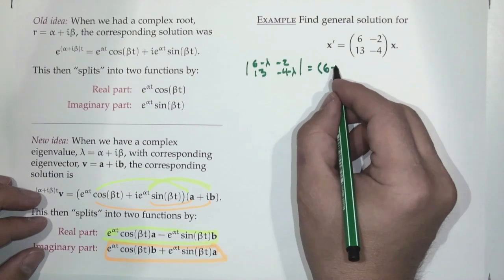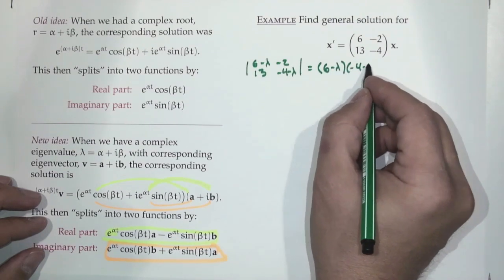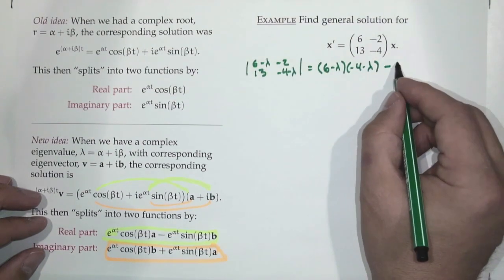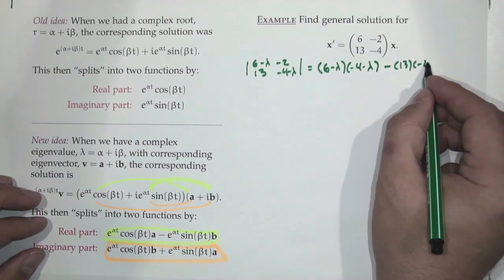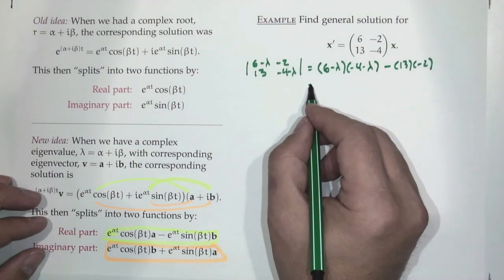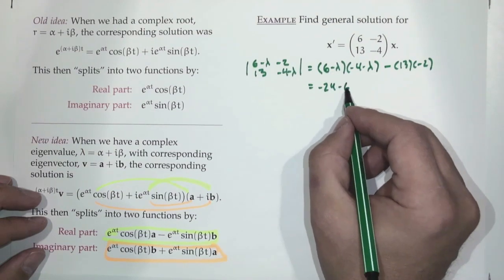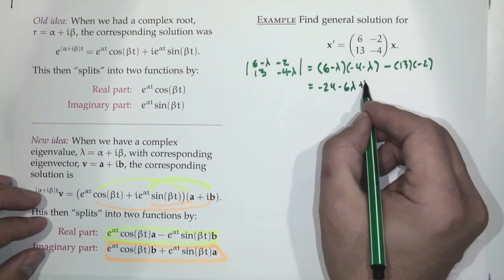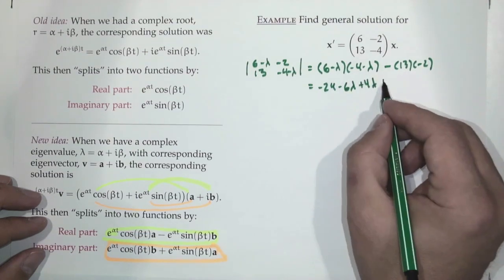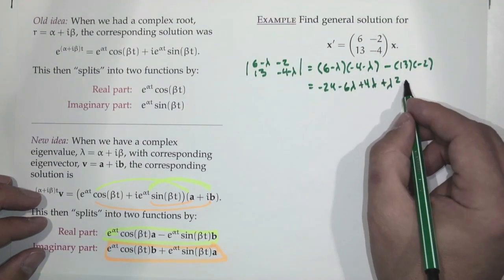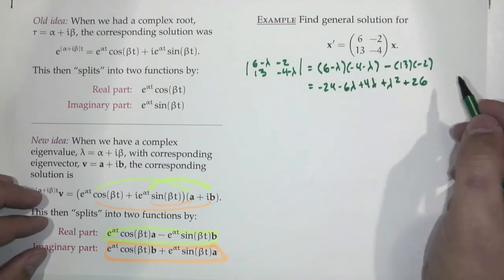That becomes 6 minus lambda times minus 4 minus lambda, subtract 13 times negative 2. And we start expanding: minus 24 minus 6 lambda plus 4 lambda plus lambda squared plus 26.